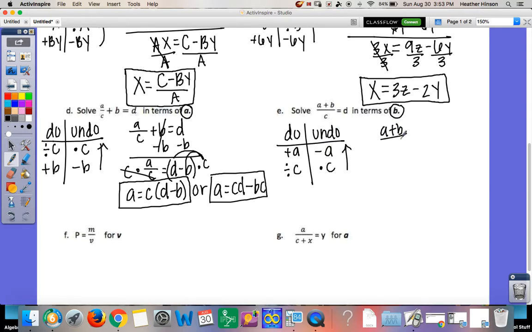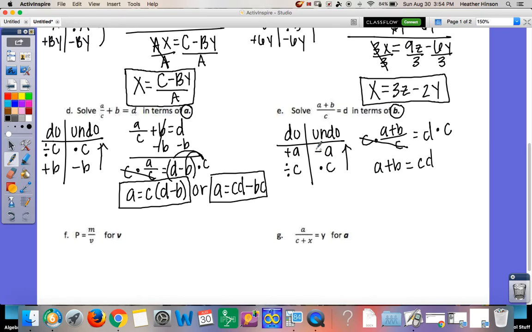So I'll write my full equation over here so y'all can see. So like I said, we're going to multiply C, work your way up. If you multiply C, it'll cancel out. And we multiply it to the other side. So D times C is CD. Most of the time you're going to see these in alphabetical order. So that's why I switched it to CD instead of DC.